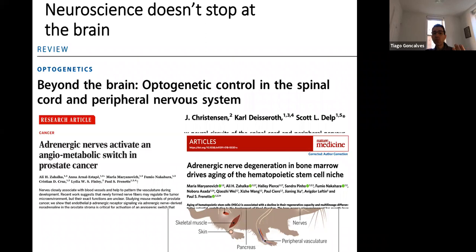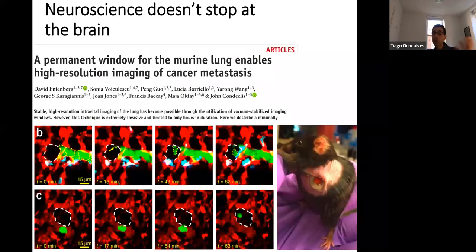And even if you just look at work at Einstein from our neighbors like Paul Fournette over in Price, he has all this work about the importance of adrenergic innervation, both in prostate cancer and in controlling hematopoiesis in the bone marrow. And another example here, again, I just went to our neighbors on campus. This is work by David Antenberg and John Condilas. And they have this amazing window for 2-photon.